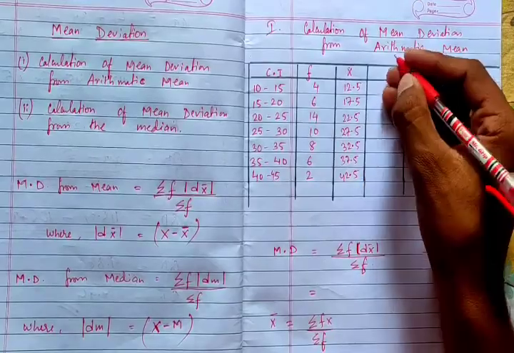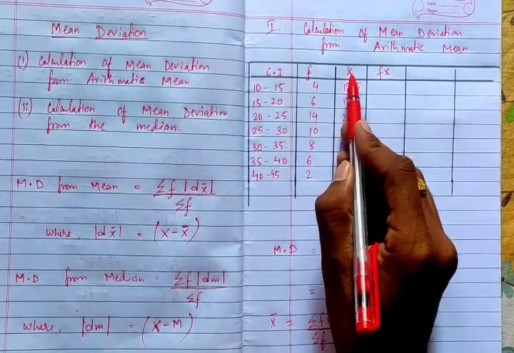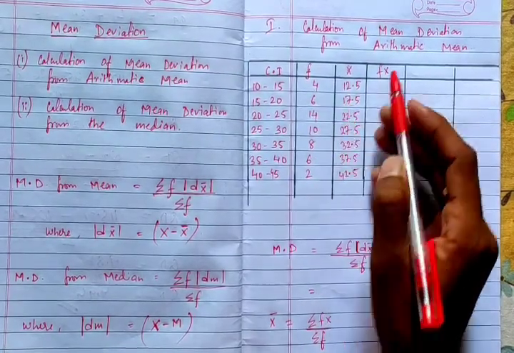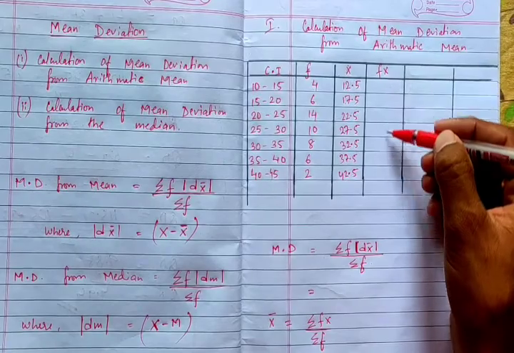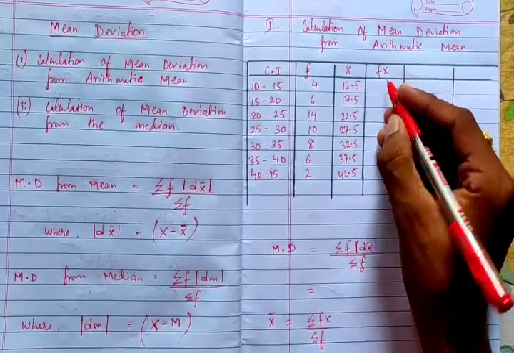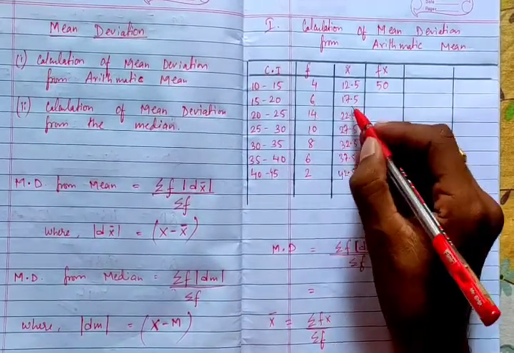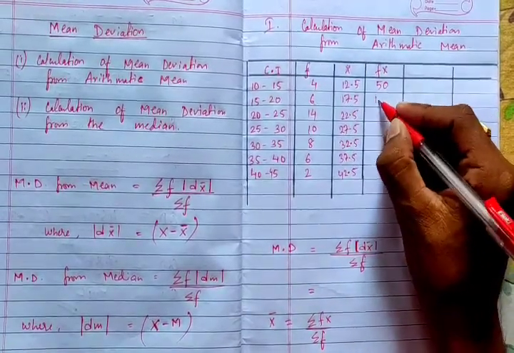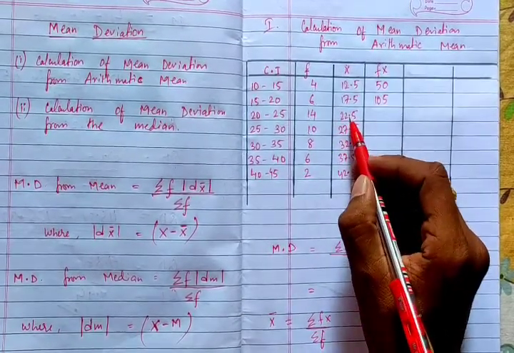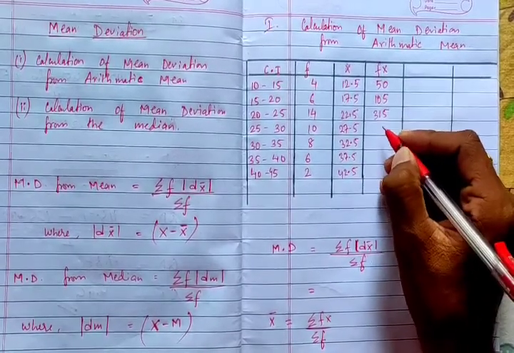For that I'll create one more column for fx. Clear? Fx means f multiplied by x. So 4 multiplied by 12.5, 6 multiplied by 17.5. I have to fill up this column. When we multiply 4 into 12.5, we get 50. Then 6 multiplied by 17.5, we get 105. Then 14 multiplied by 22.5, we get 315.